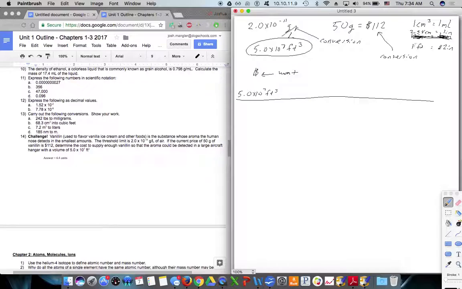So first, feet to inches. 1 foot, 12 inches. 1 foot, 12 inches. And 1 foot, 12 inches. Those go away. Now we're in cubic inches. Maybe I'll show you the different parts.